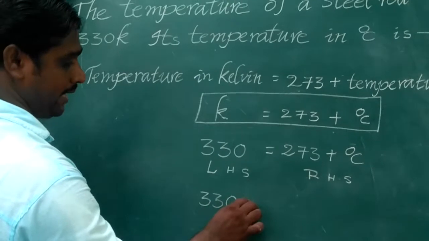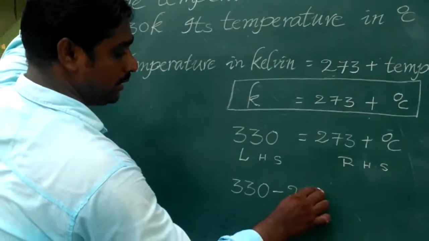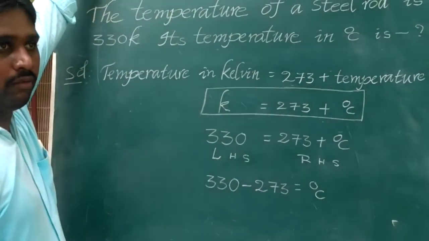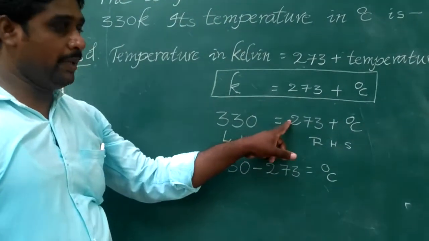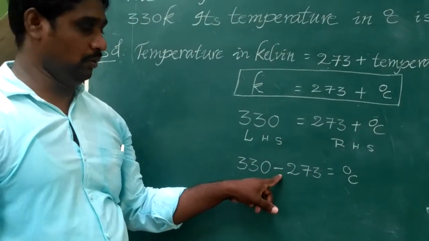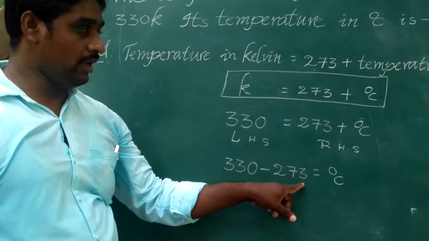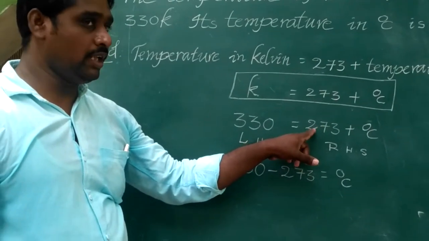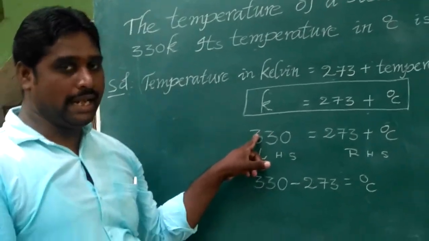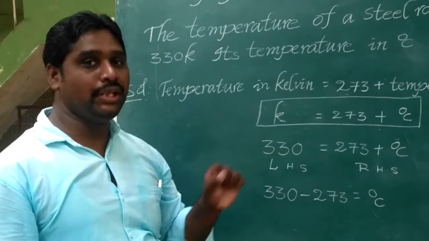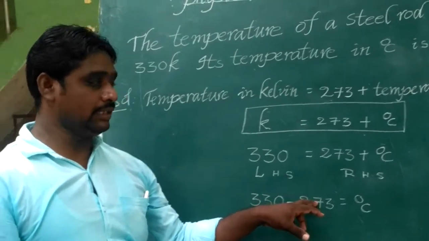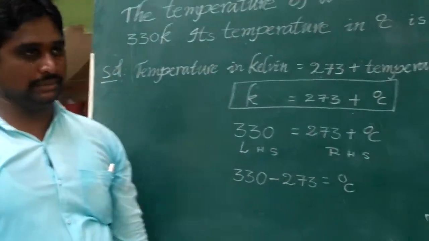So 330 minus 273 is equal to degrees Celsius. What is the reason? The positive 273 on the right side, when it comes to the left side, becomes negative.